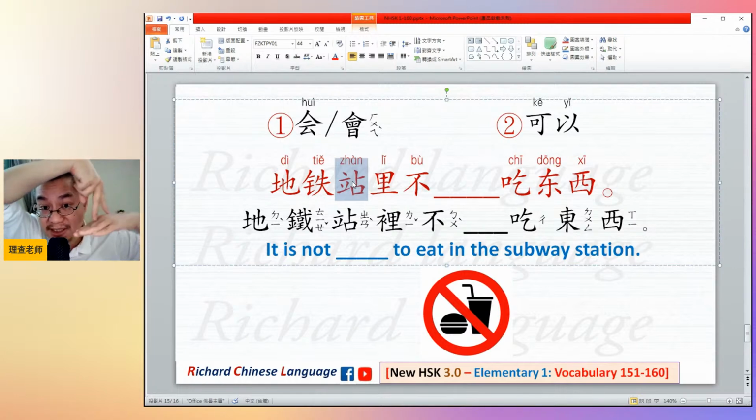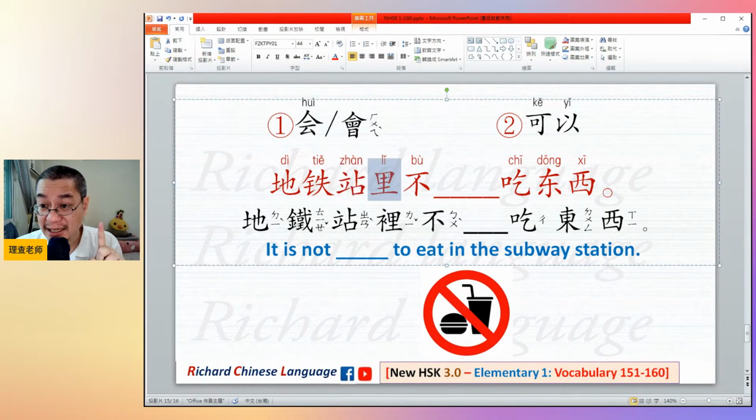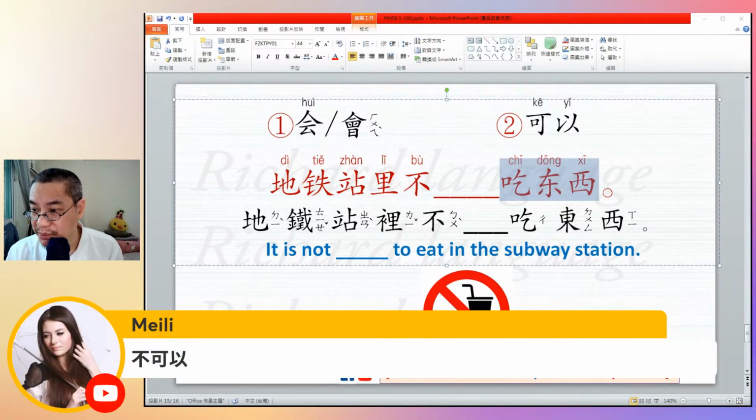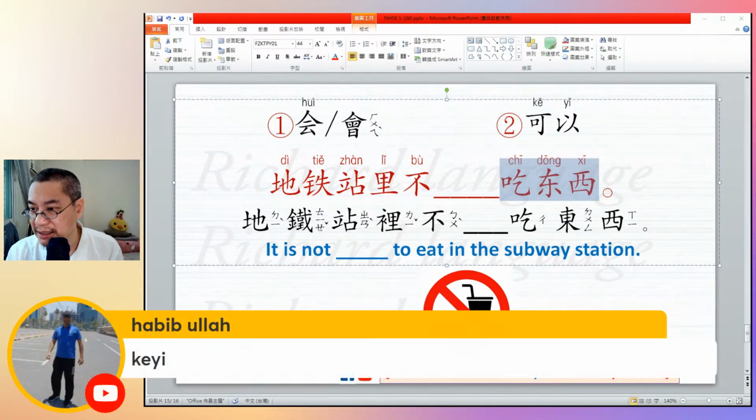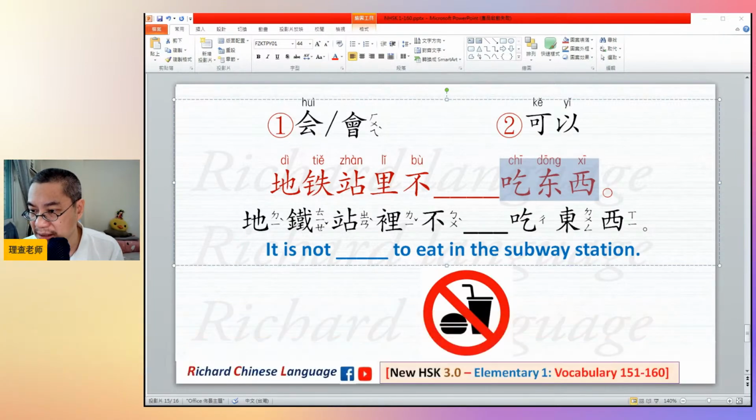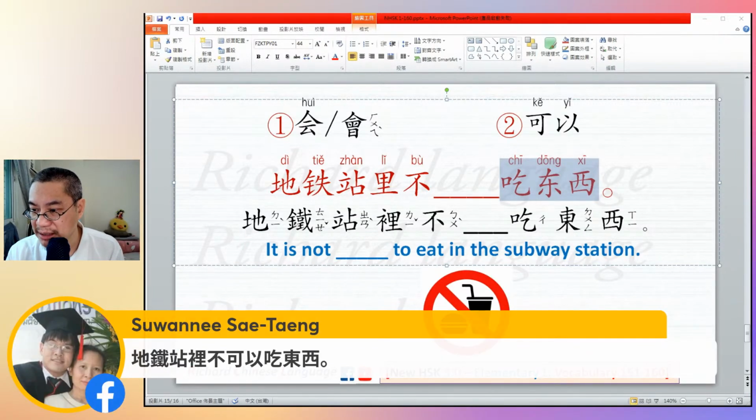In a subway station, 不吃东西, eat something. 东西 means thing. Okay, what's the answer? 不可以. Yeah, 地铁站里不可以吃东西。Very good.